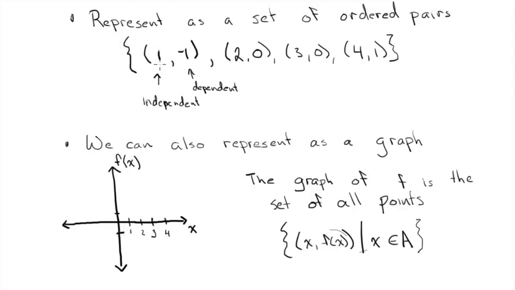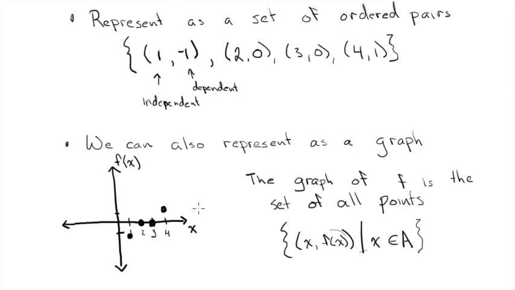So I need to put the point 1, -1. So there's one of my points. 2, 0. There's a second point. 3, 0. And 4, 1. So these 4 points make up the graph of my function.